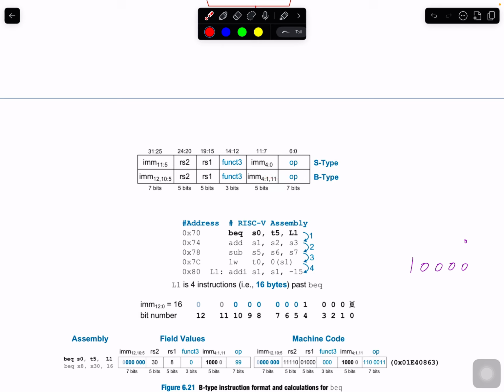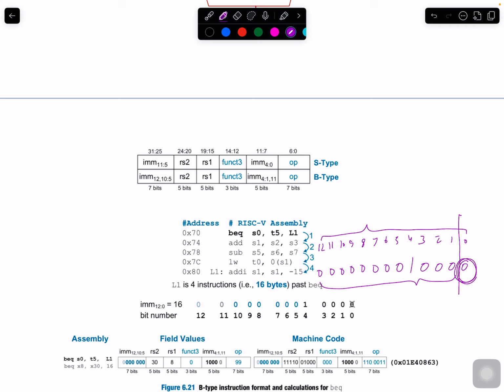That's why the least significant bit is not stored. Counting 0, 1, 2, 3 up to 12, the actual offset is 13 bits, but the instruction carries only 12 bits because we only have space for 12. Bit 0 always stays 0, so we don't need to store it. That's why this instruction starts with 1, not with 0.